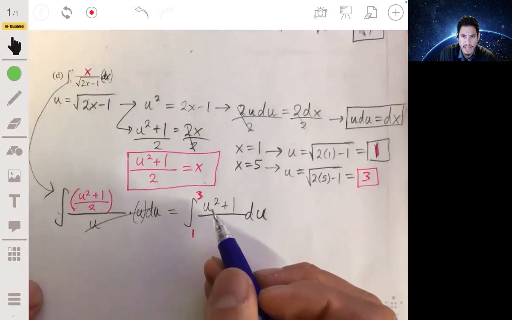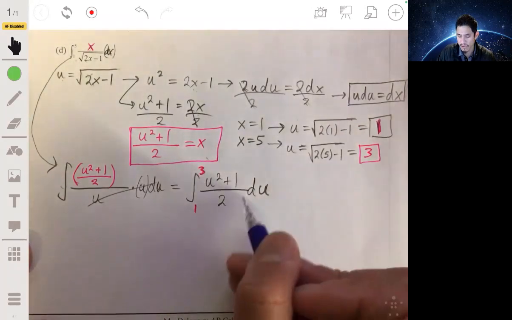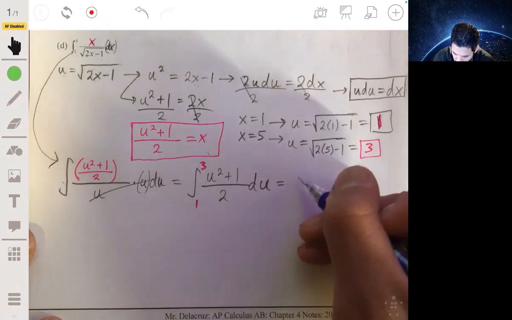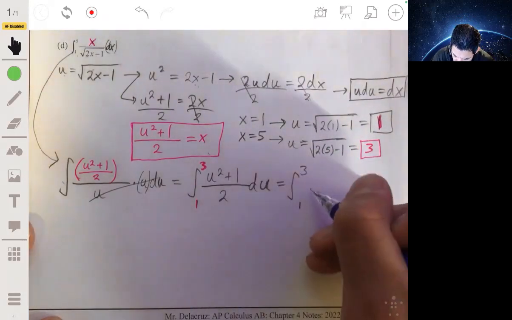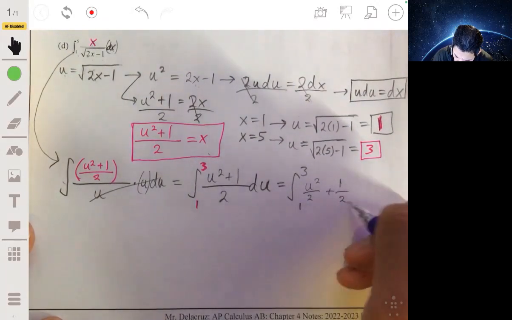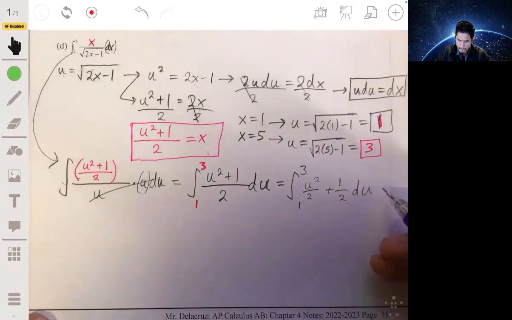Now we're going to find the antiderivative of this expression. All we need to do here to make this easy to integrate is to break it into 2 pieces. So we're going to make this as u squared over 2 plus 1 over 2 du. And then we just integrate these individually.